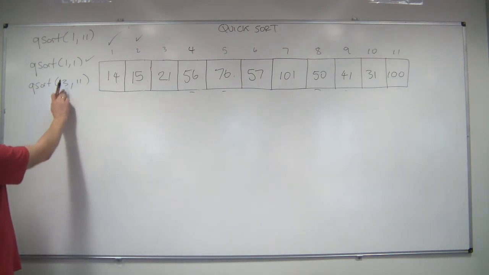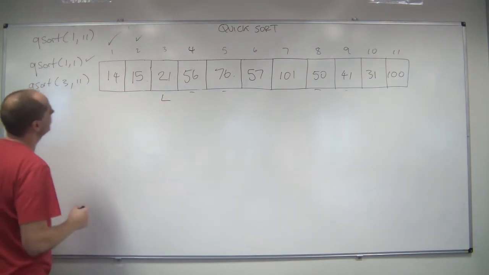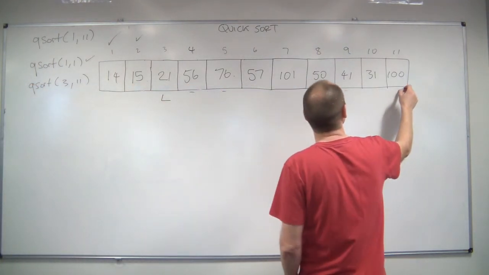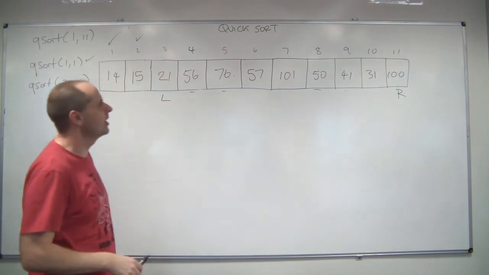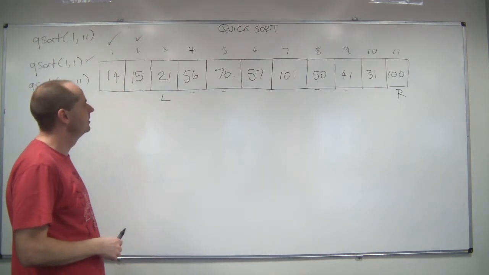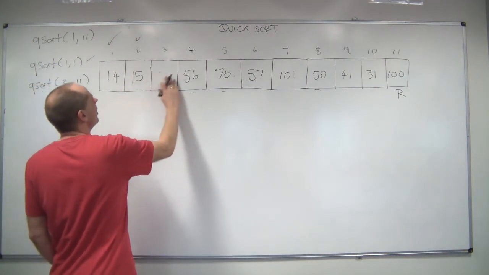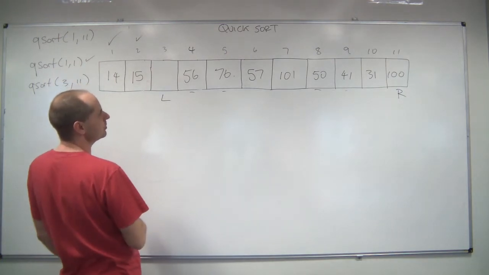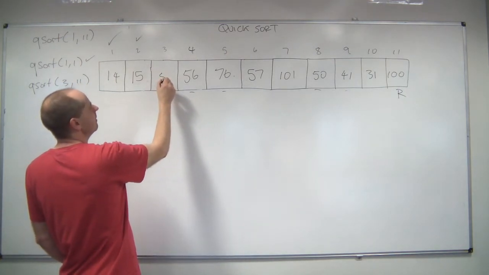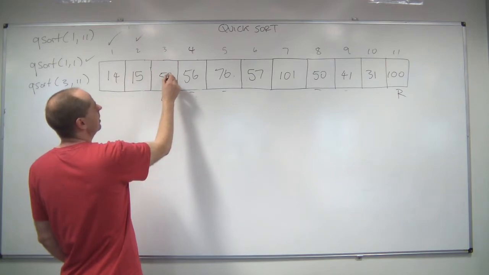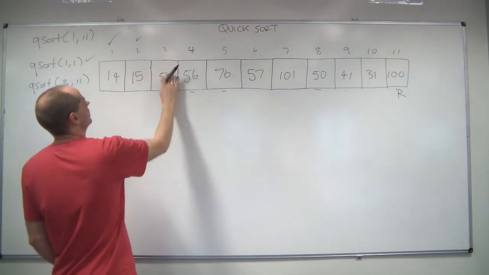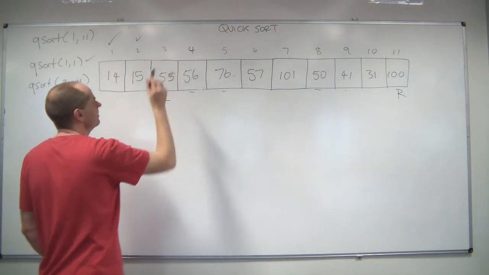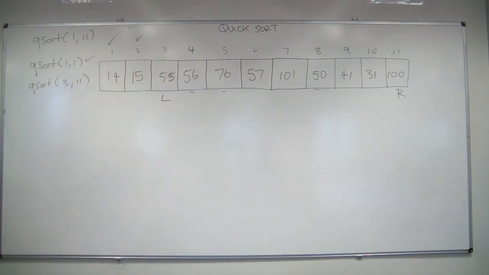Okay? Right, so we're running quicksort with 3, so the left pointer goes at 3, and the right pointer goes at 11. I'm going to change some of these numbers. I'm not going to break what I've got, because that's just going to be silly again. I'm going to change it to 55.